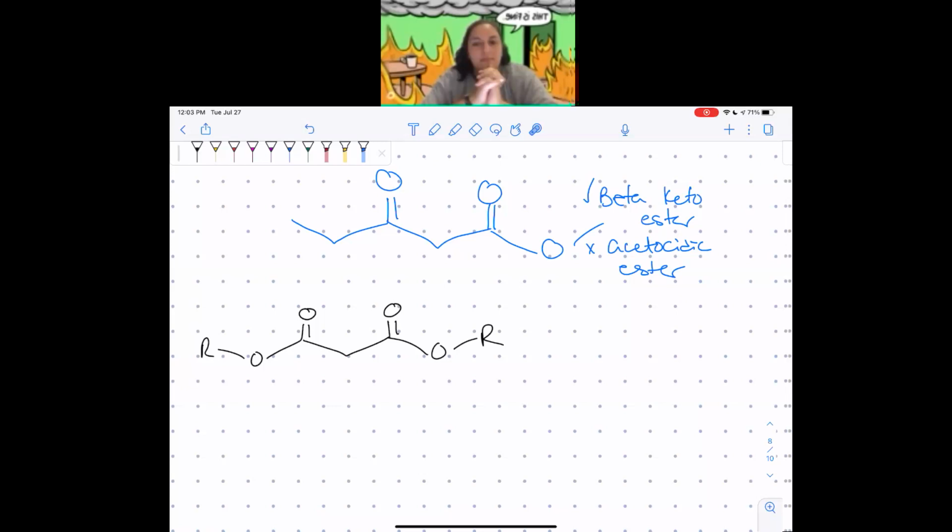So a malonic ester is when we have two ester groups on the same carbon, and they are again beta to one another.